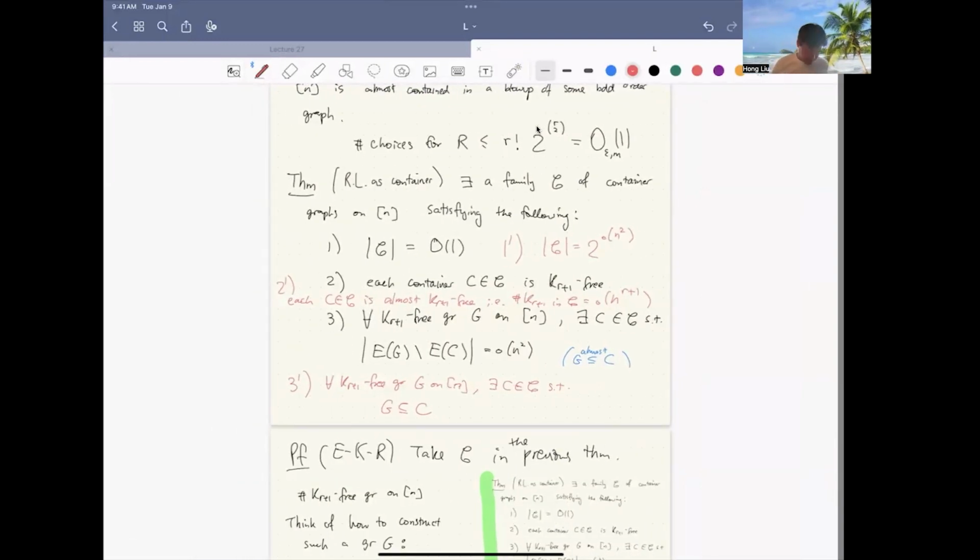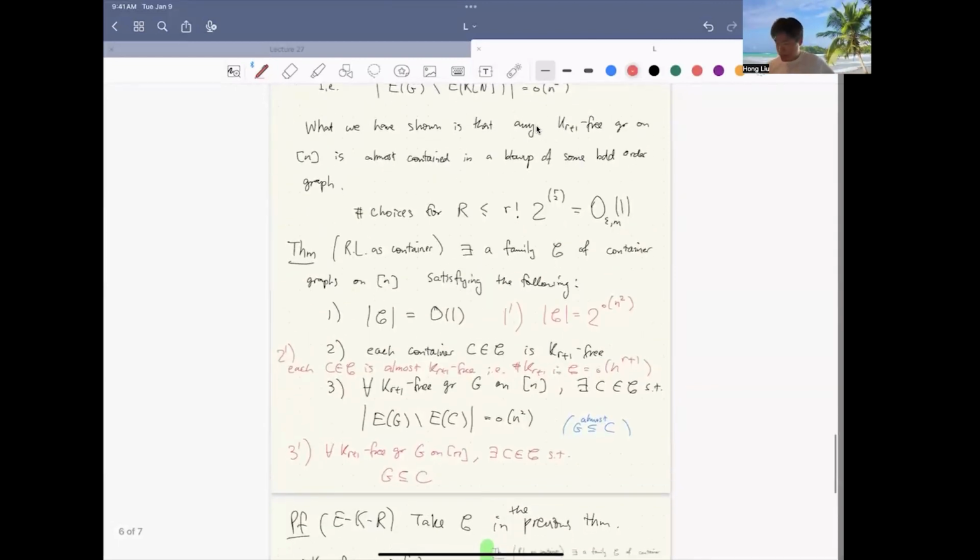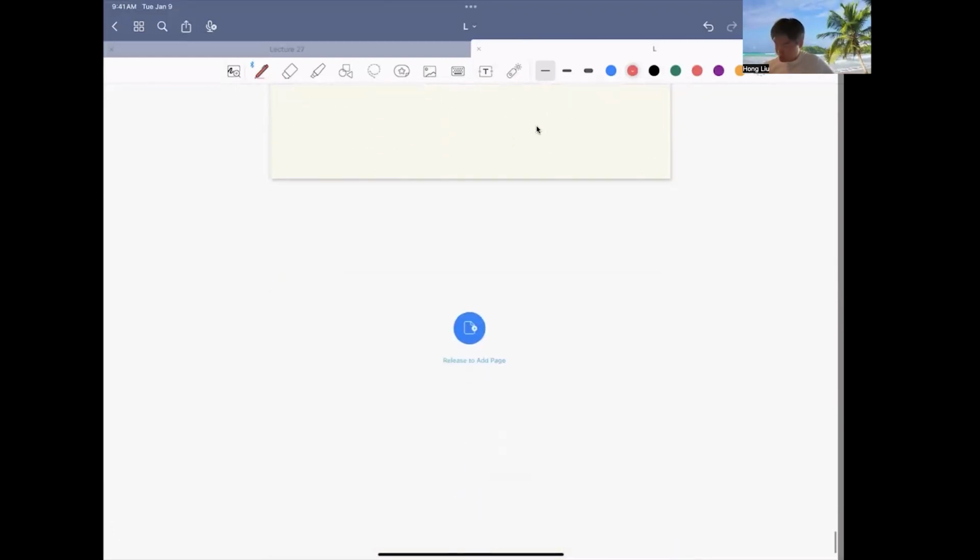Now, I want to move on to the last application of the regularity lemma.